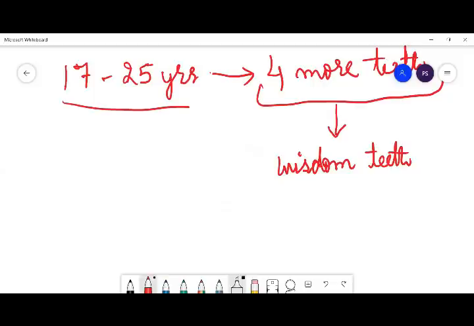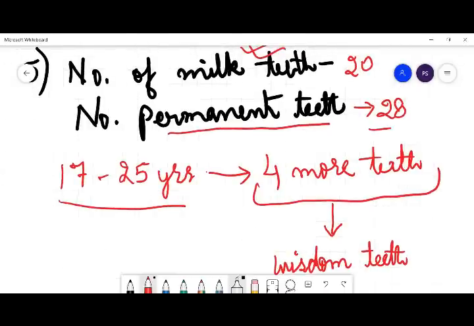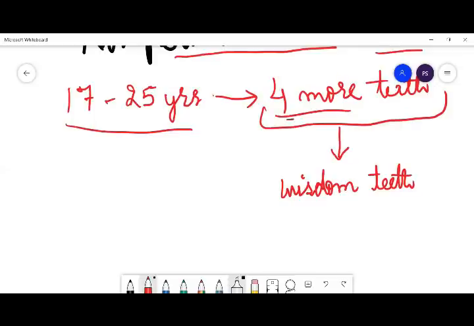Now it will include the complete set of permanent teeth. It was 28 in number earlier, and later on 4 more teeth come in. Total permanent teeth will now be 32 in number. This will be the number of permanent teeth in an adult, fully grown up person.